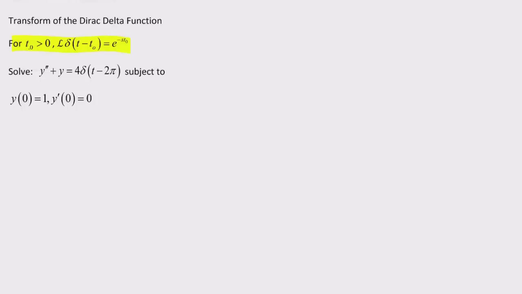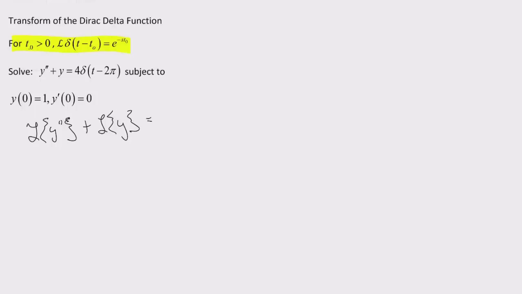All right, so let's look at how this helps us. Essentially, we're going to use our old techniques with Laplace transforms, and then just apply our new Dirac delta transform that we just barely learned about. So we want to do the Laplace transform of the second derivative plus the Laplace transform of y.